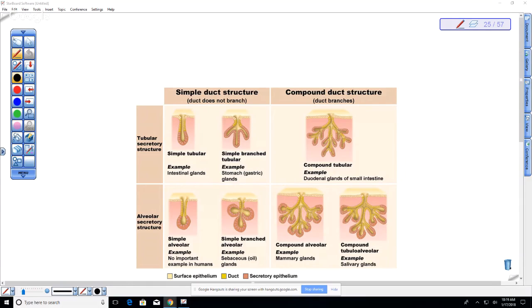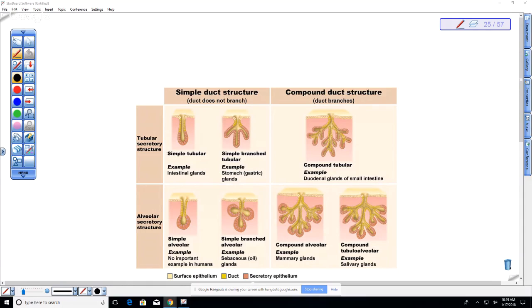Okay. So we were talking about the different types of exocrine glands in this particular instance, and I know that they're exocrine. Why? What do they all have? Ducts, right? So all of these examples are exocrine because they're secreting their substance into a duct, and then it's being transported somewhere.